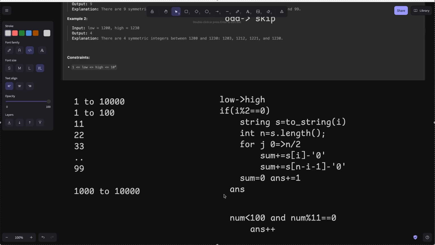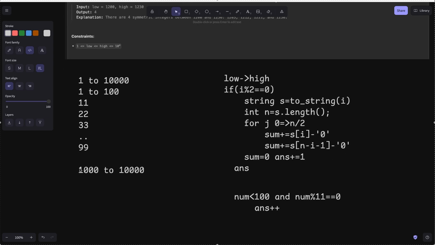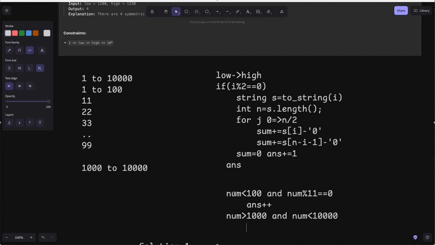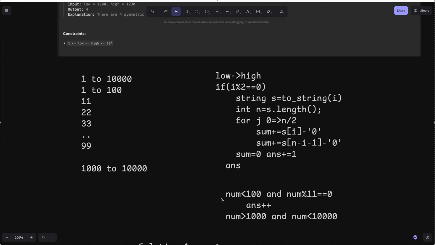Now we go to the second loop, which is 1000 to 10,000. Now if my number is greater than 1000 and number is less than 10,000, then we will extract the left and the right number.